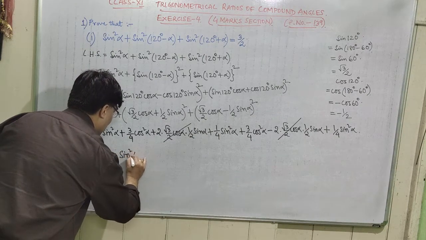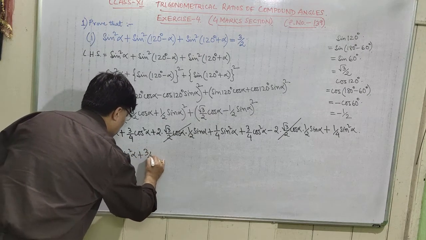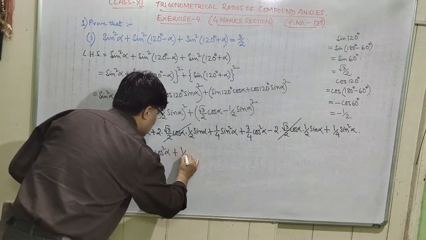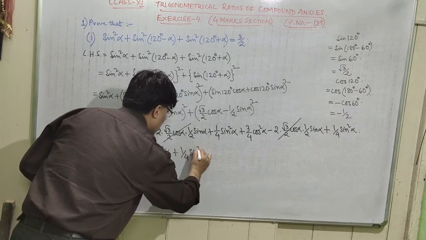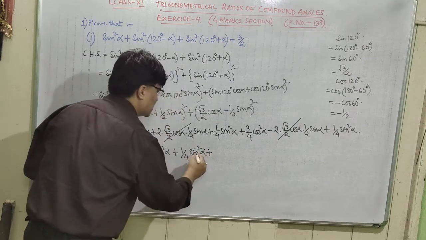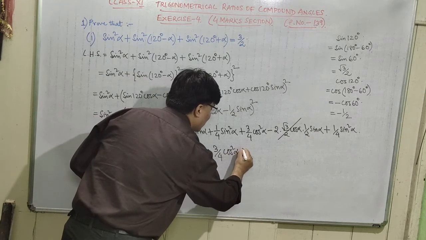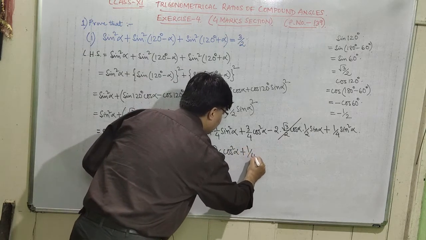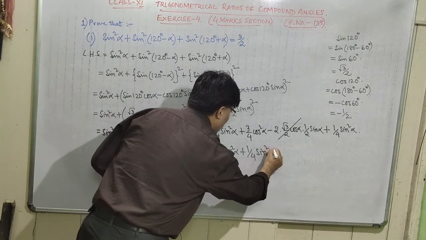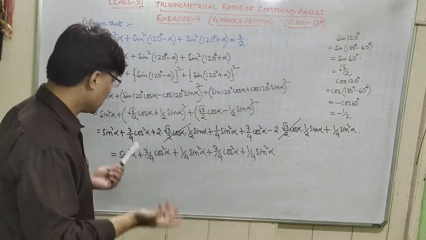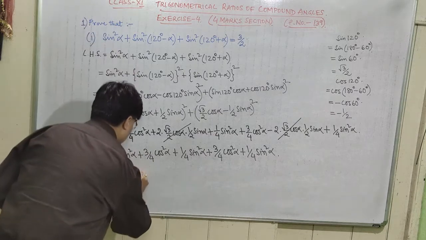This is sine square alpha plus 3 by 4 cos square alpha plus 1/4 sine square alpha plus 3 by 4 cos square alpha plus 1/4 sine square alpha. Okay. Now let us simplify it.